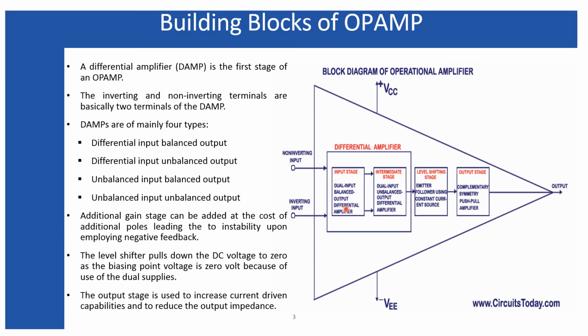The first one is used as the first element of the operational amplifier, because the two terminals of the operational amplifier are basically the two terminals of the differential amplifier, and since it has a balanced output, in this lecture we will see that due to the presence of the balanced output, the common mode rejection gets enhanced.